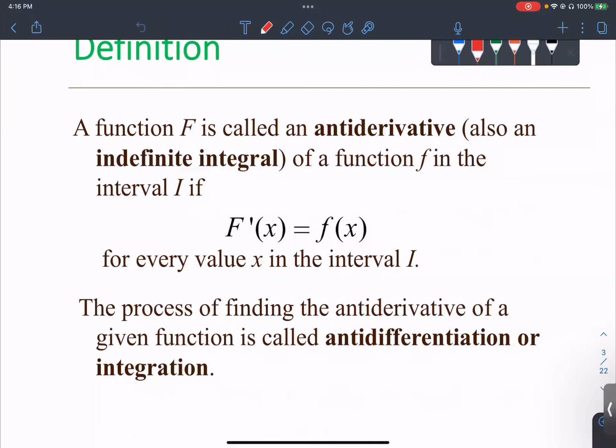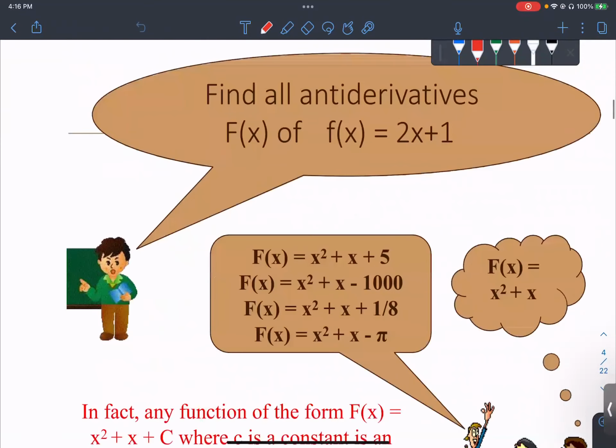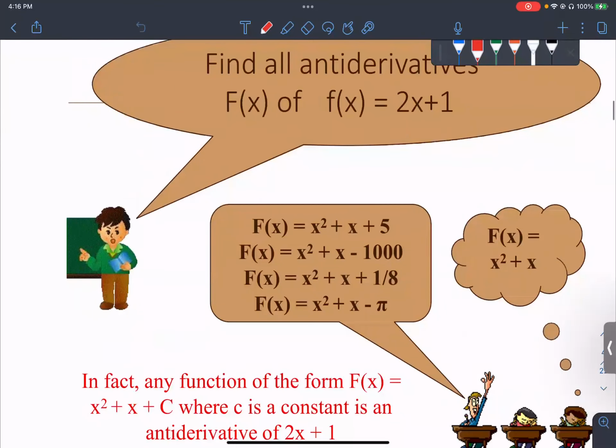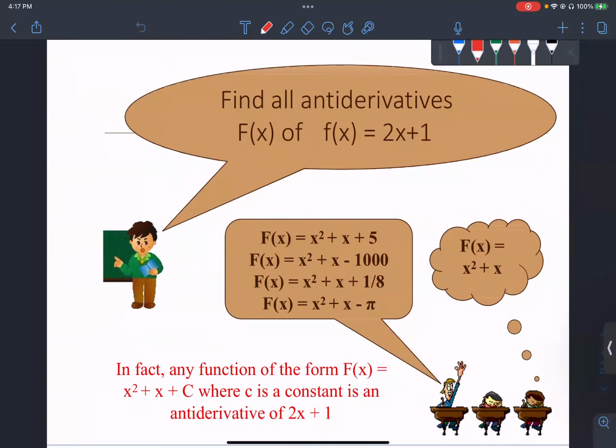Once we differentiate one function, we get the derivative. And once we integrate the derivative, we get the integral or the antiderivative. Based on the question I had before, we have four different functions, but the derivative is the same, which is 2x plus 1.